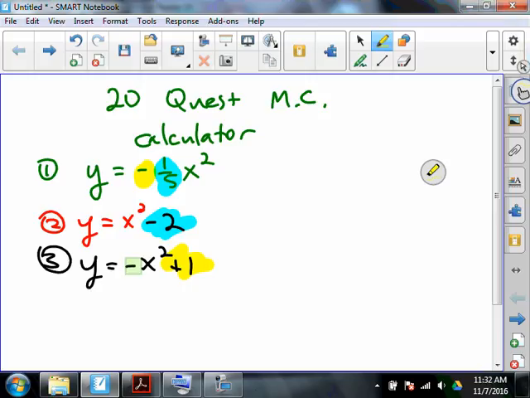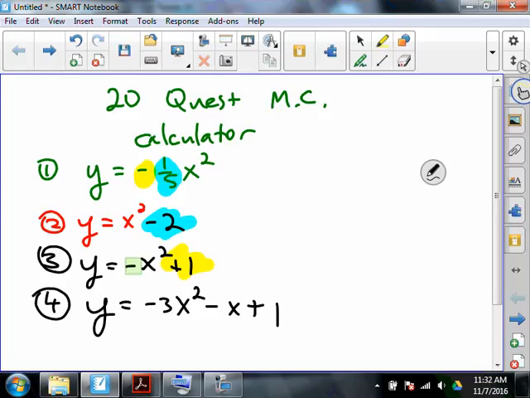The fourth question on their test is going to be something in standard form now, something like y equals negative 3x squared, maybe minus x plus 1 or something like that. On one like that, they are probably going to have to use the calculator. Just knowing it's a reflection is probably not going to get you the answer.